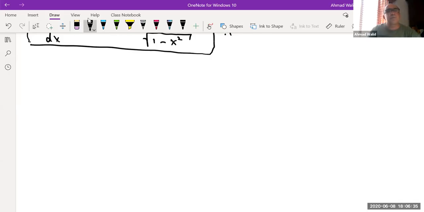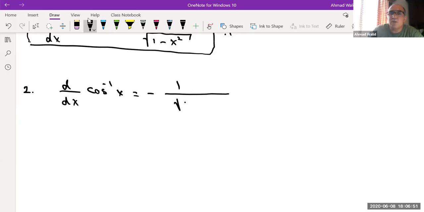Number 2. d over dx of inverse cosine x equals negative 1 over the square root of 1 minus x squared. Let's prove it. The proof is the same way that I proved sine, the same way you can prove cosine.